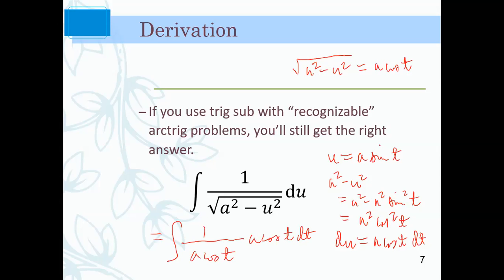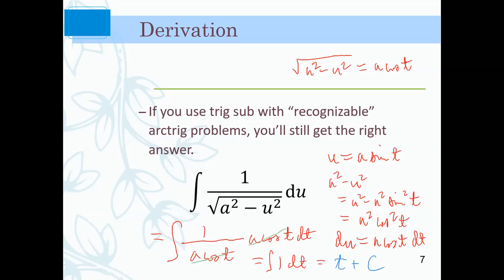And you say to yourself, what in the world? What just happened? Those canceled. So what do we end up with? The integral of 1 dt. And therefore, what's the answer to this thing? t plus a constant.